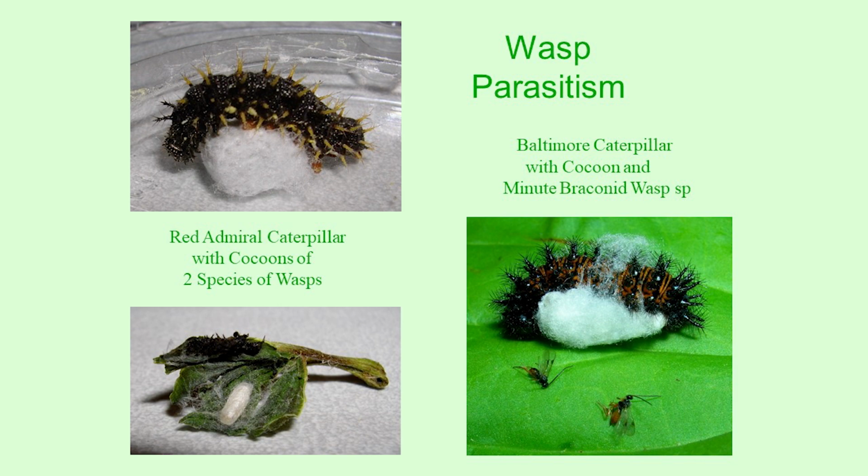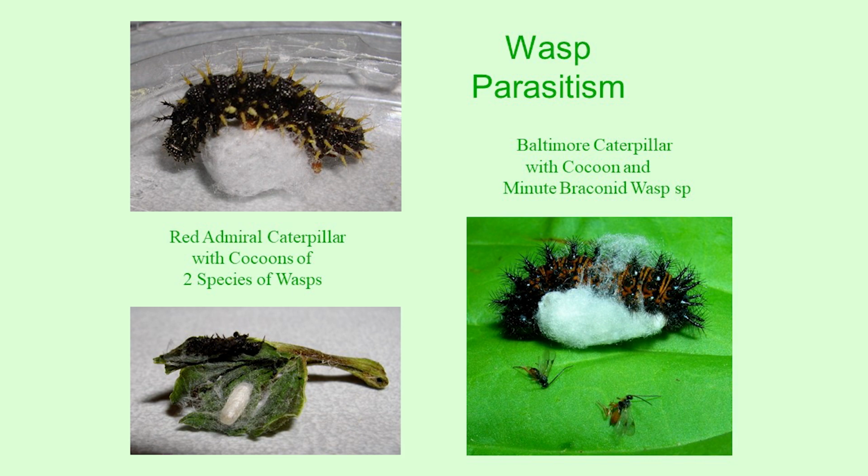And there's another species of wasp that parasitizes the very small caterpillars. That's what's at the bottom left there. That's the cocoon of a tiny wasp that parasitized the tiny red admiral caterpillar.